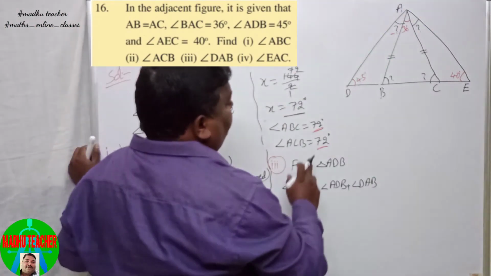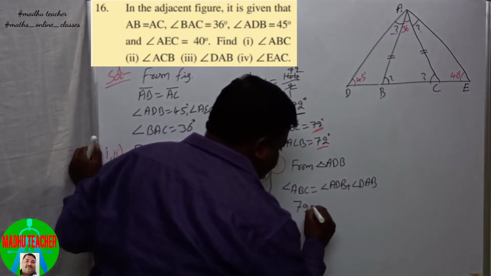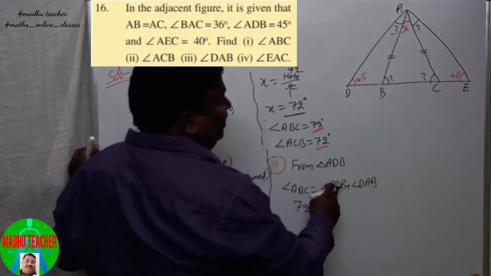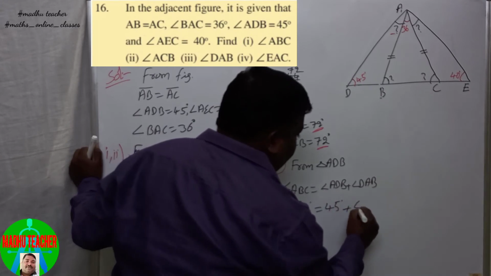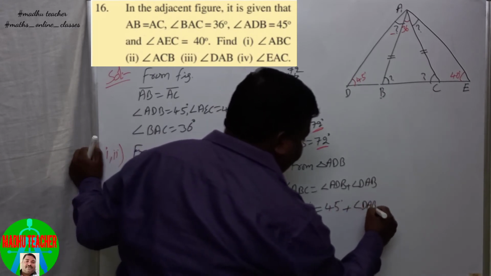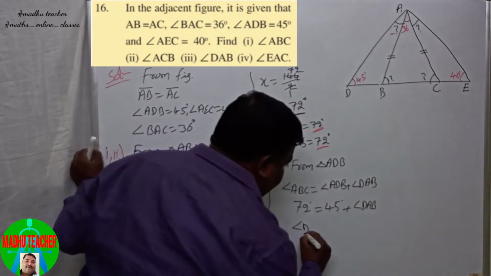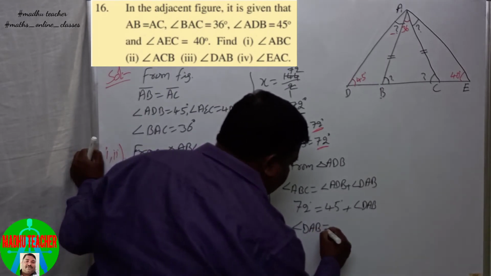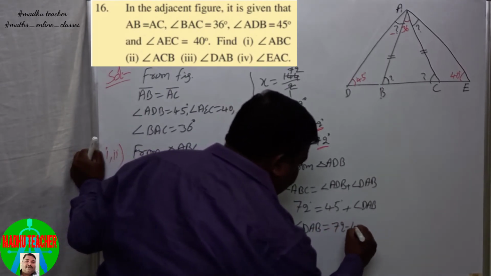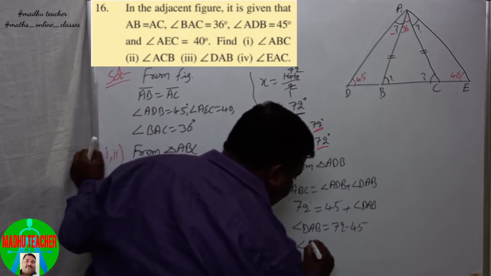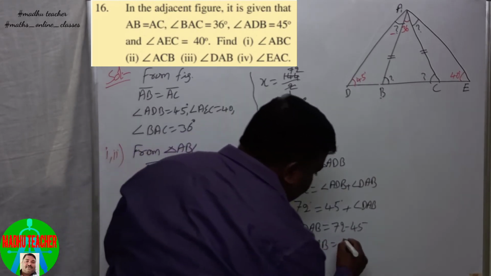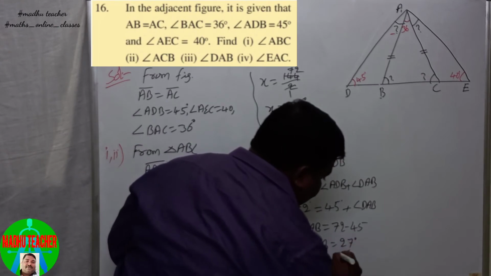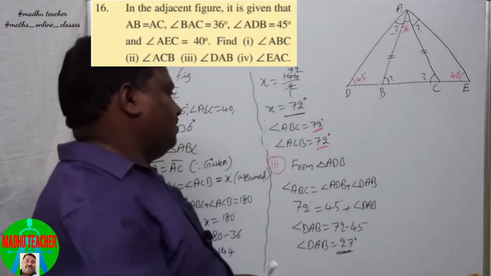What is angle ABC? 72 degrees. Angle ADB is 45 degrees plus angle DAB. So angle DAB equal to 72 minus 45, equal to 27 degrees. So this is the third one.